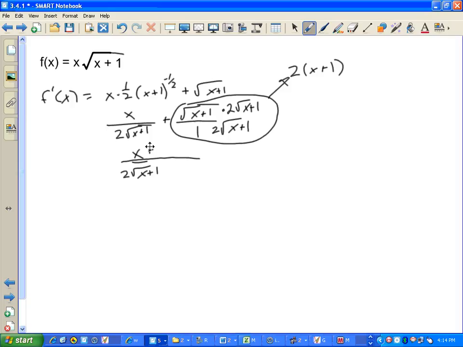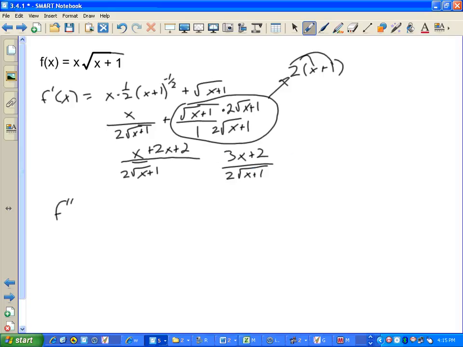So I'm going to be adding 2x plus 2 over this. Combine like terms. I'm going to get 3x plus 2 over this. Okay, and that's still my first derivative, so now I'm going to take the derivative of this to get my second derivative.